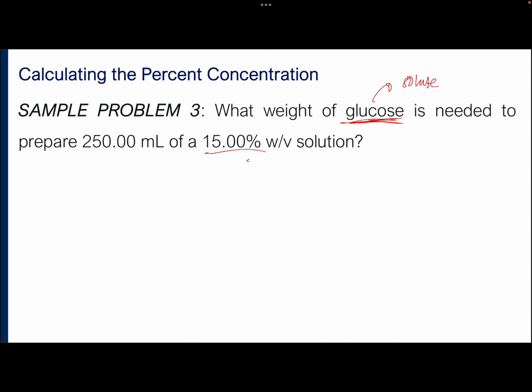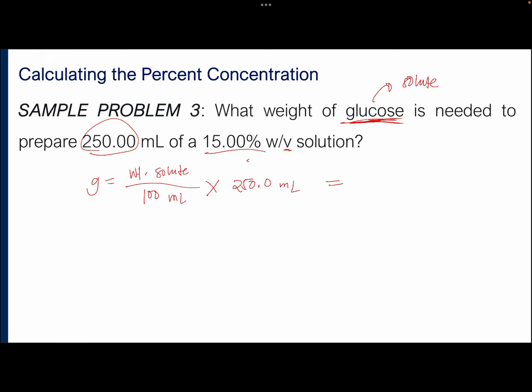Okay, so to solve this one, we will use the formula: grams equals the weight of solute, and the solute here is the glucose, divided by every 100 ml, since this is volume, so ml, times 250.0 ml.